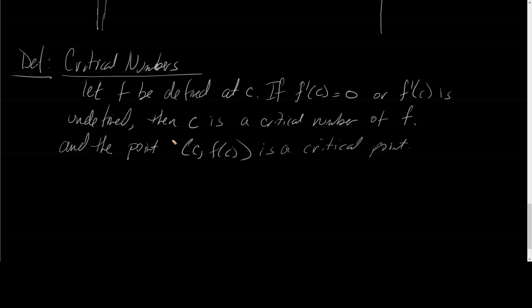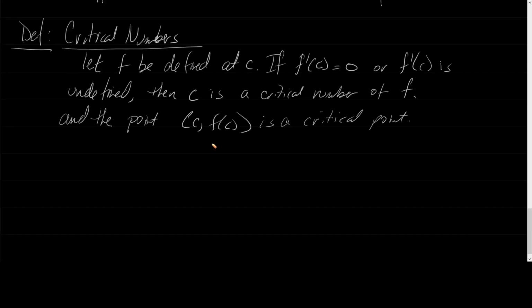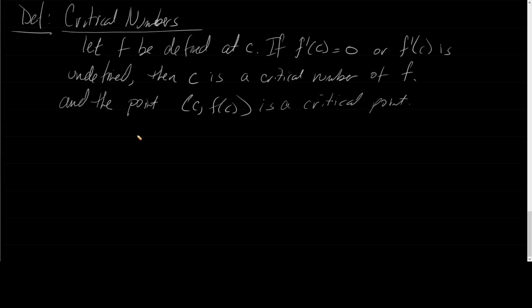When those restrictions are satisfied, we call that value a critical number, or a critical point if you're talking about the actual coordinate. So let's see how this helps here. Let's say that we had this scenario.